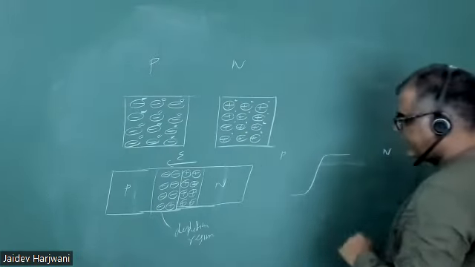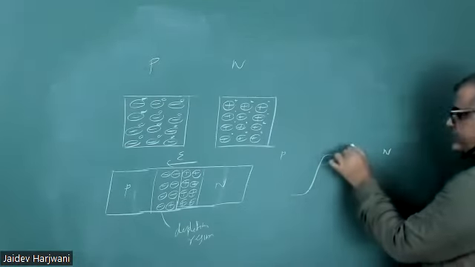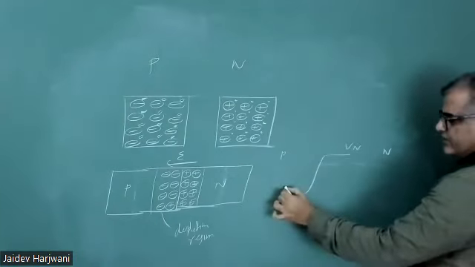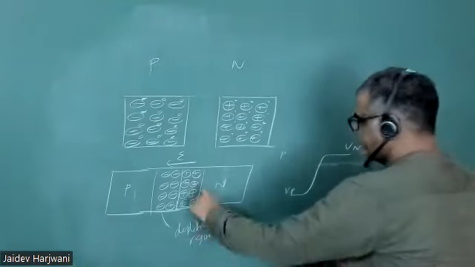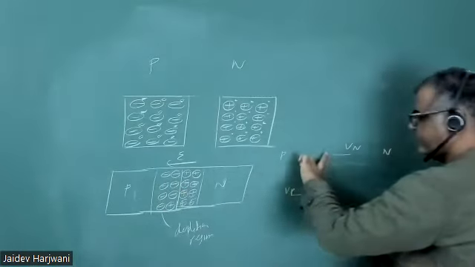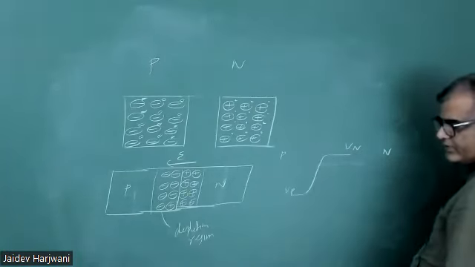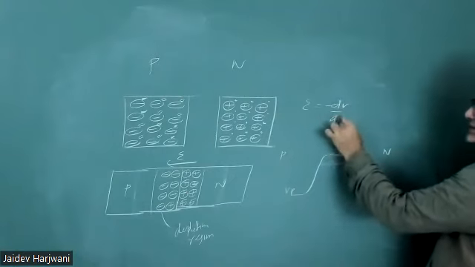Between them at the contact you have a potential difference, because one side potential is Vn, the other side potential is say Vp at the boundary. And because there is an electric field, there is a potential. The slope dV by dx, so E is minus dV by dx.